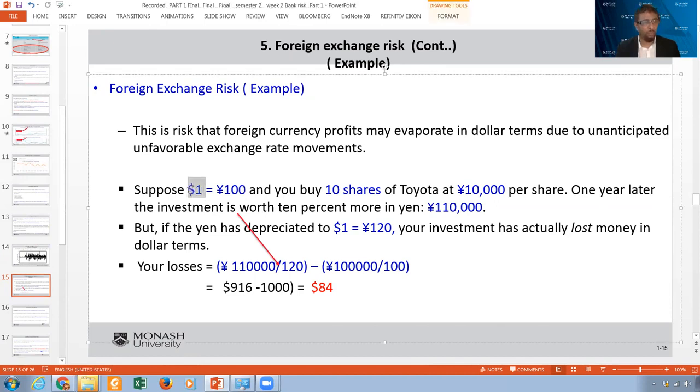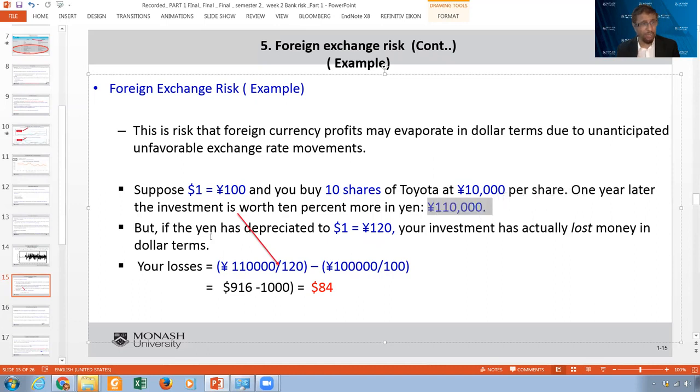You can be a Chinese bank or a Malaysian bank, you just change the currency. If 1 American dollar equals 100 yen, and you buy 10 shares of Toyota, the huge automobile company in Japan, and one year later there was a 10% increase in the prices, your investment is now 110 yen. So those 10 shares now equal 110.